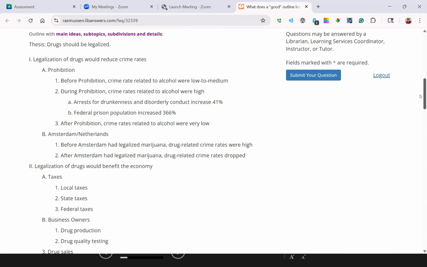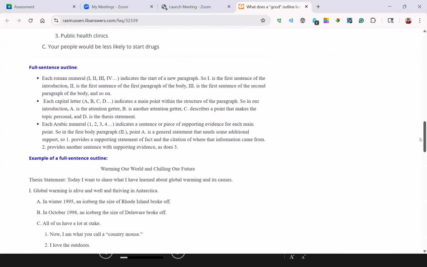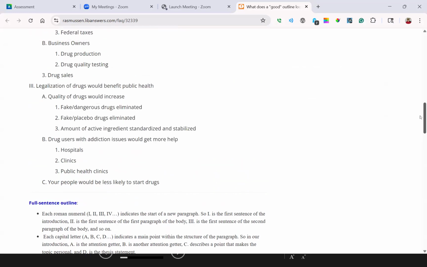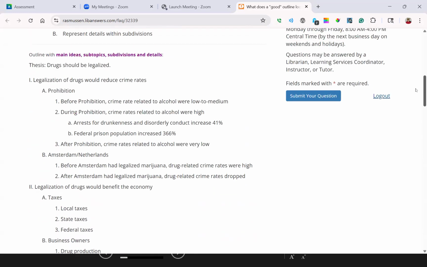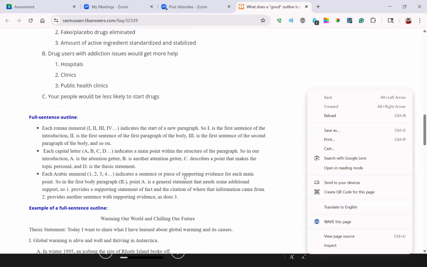And you will see an example. Coming down to the 3rd type of outline, we have a full sentence outline. I ask you to either use main ideas, subtopics, subdivisions, and details, or a full sentence outline.